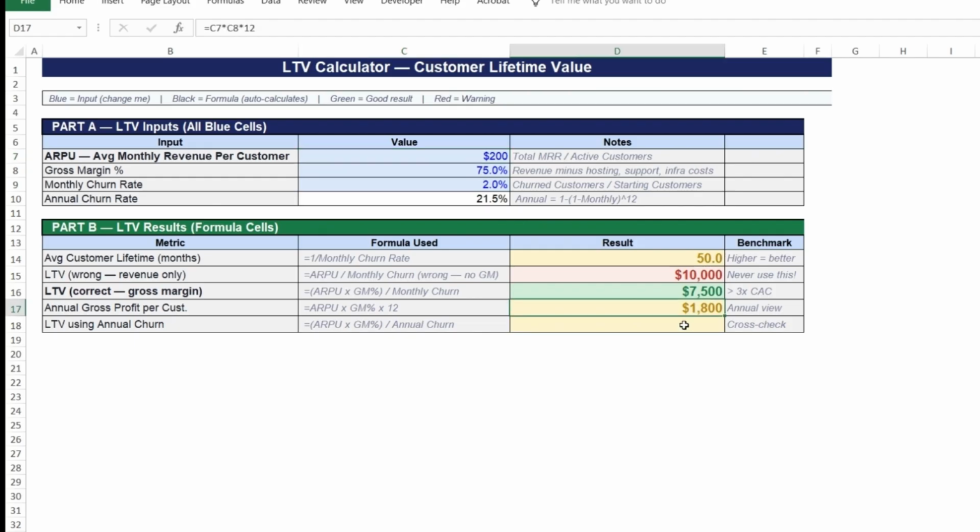Now we can calculate LTV using the annual churn value that we have already calculated, which is 1800 divided by 21.5%. So our LTV on an annual basis would be 8,361 rupees. If you want to show the LTV on a monthly basis, it's 7,500. But if we take it in the form of annual, it is 8,361.